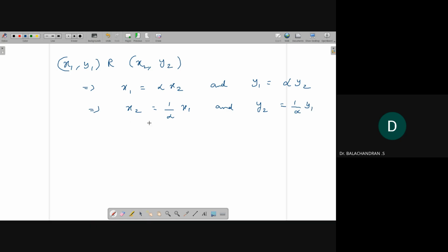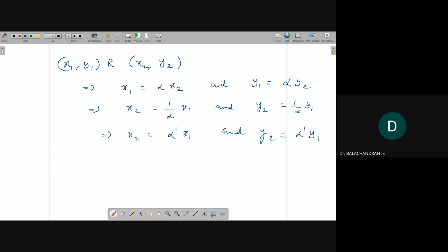Alpha is a real number, so 1 by alpha is also a real number. I'll take 1 by alpha as alpha dash. So alpha dash is a real number, and y2 is equal to some alpha dash into y1.